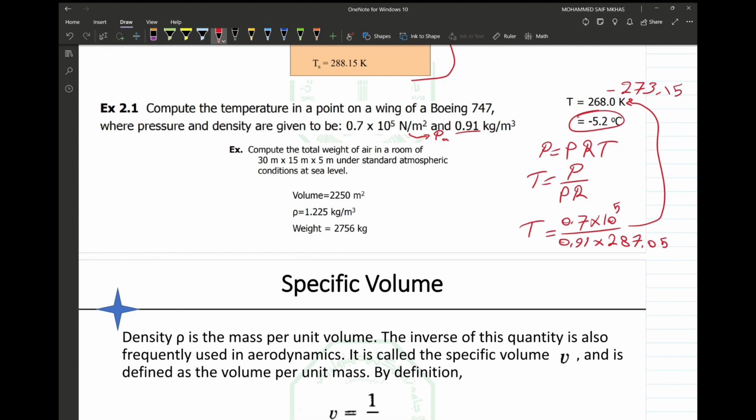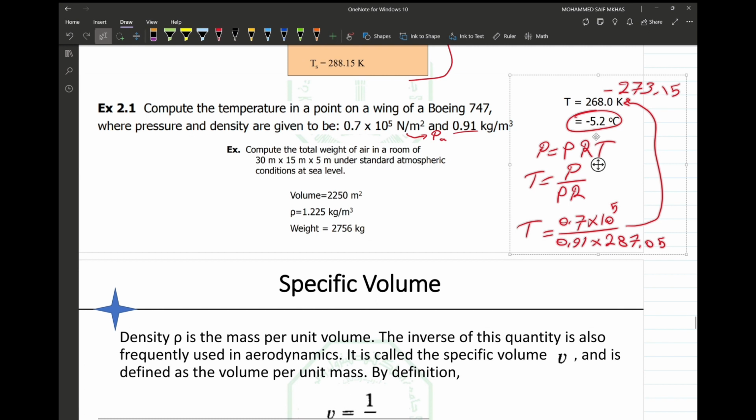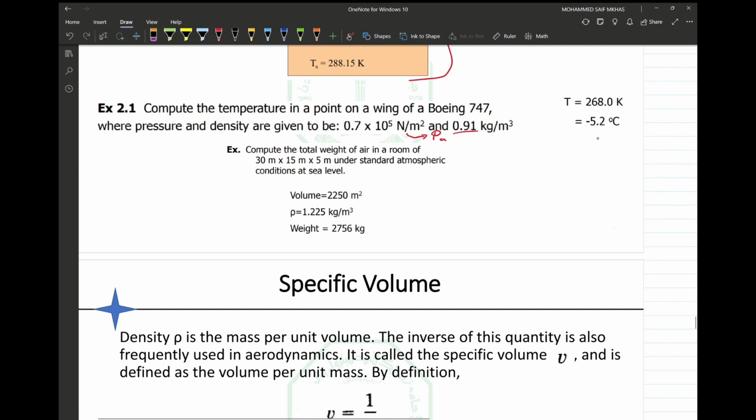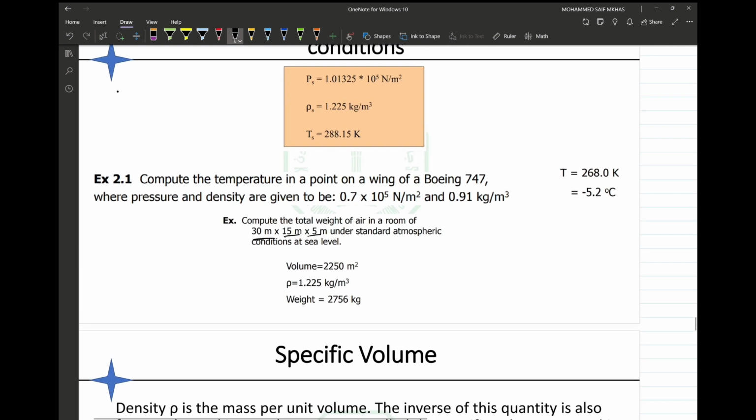And then the next example: compute the total weight of air in a room of dimensions 30, 15, and 5 meters under standard atmospheric conditions at sea level.